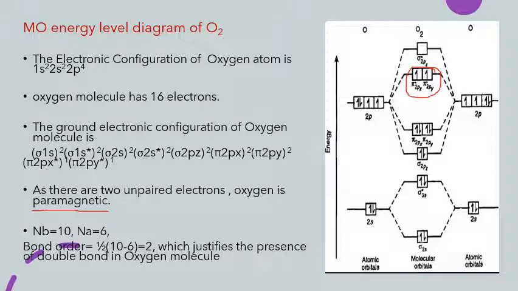The bond order can be determined from the formula half into Nb minus Na. There are 10 bonding electrons on the whole and 6 antibonding electrons, which gives the bond order as 2, which justifies the presence of a double bond in the oxygen molecule. In this way, the molecular orbital energy level diagrams can be drawn, which predicts the bond order and also the magnetic behavior of the molecule.